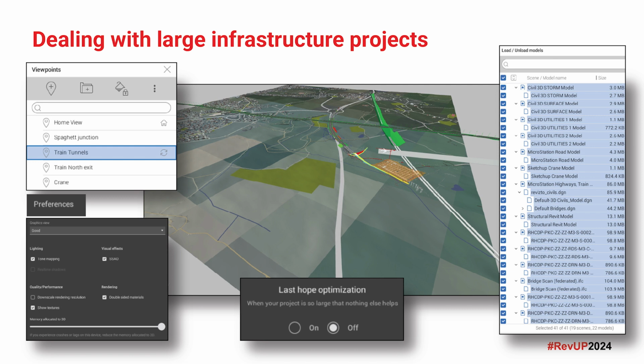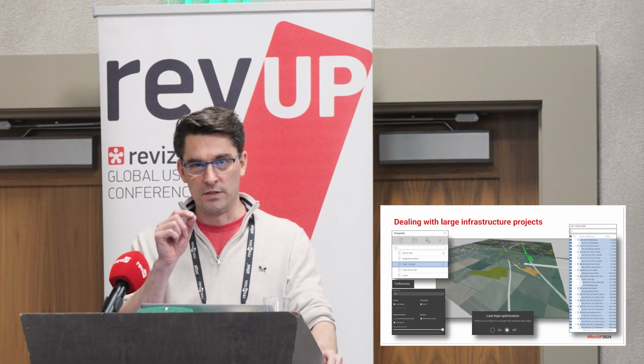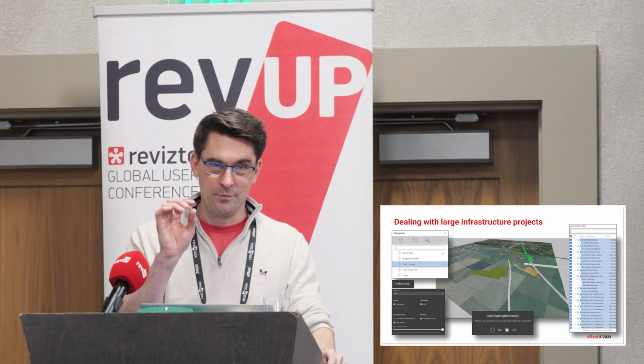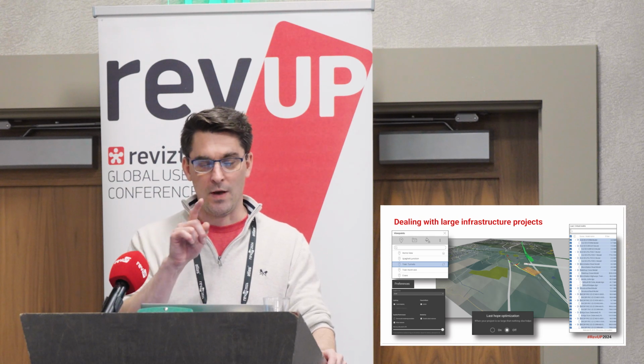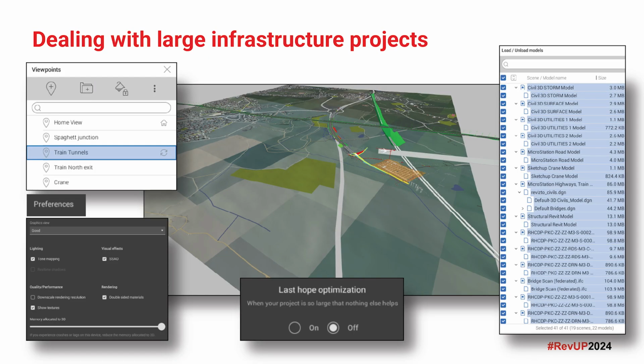So in terms of Revizto terminology, a scene is the file that was used to export information from, and a model is the thing that sits underneath that. So a scene is 4 things, and a model is 1 thing. So if you have one model, say a Civil 3D pavements model was exported, that would equal 5 things because the scene is 4 and the model is 1.